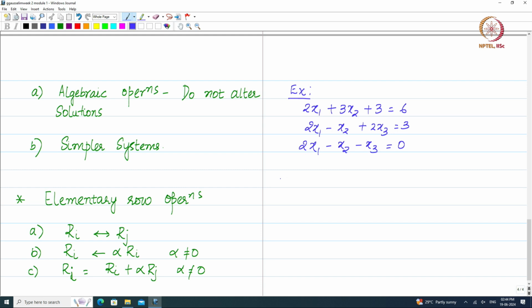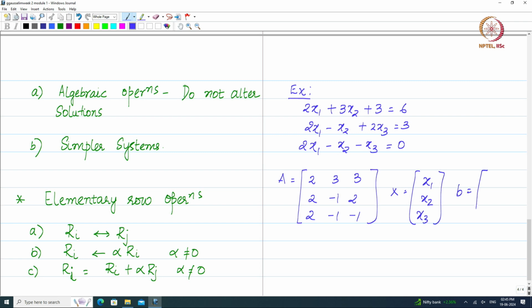Putting into matrix form, A will be 2 3 1, 2 minus 1 2, 2 minus 1 minus 1, the unknowns are x1 x2 x3, and the constant b is 6 3 0.